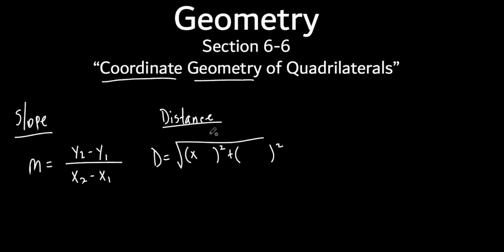It's minus. So it's x1 minus x2. Again, it does not matter the order that you put them in, but you've got to make sure you just subtract the x's. Don't subtract an x and a y from each other. That you cannot do. And then you go y1 minus y2. So that's the distance formula.